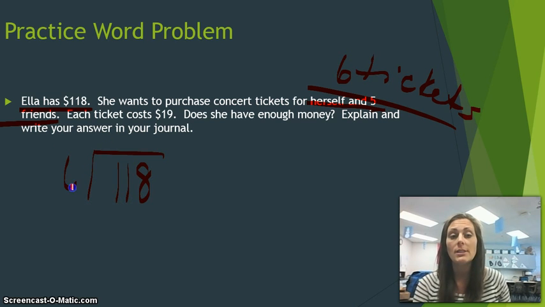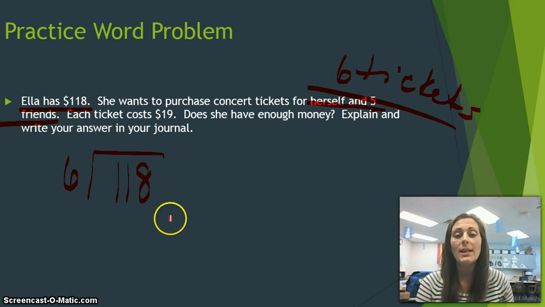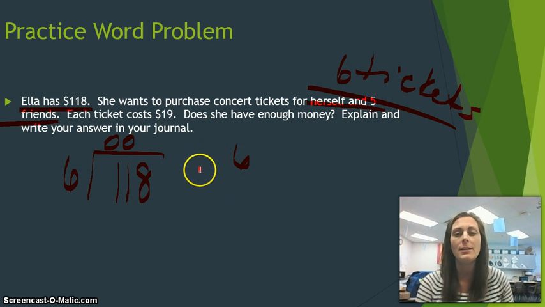She wants to purchase 6 tickets. So if we take 118 and divide that by 6, that's going to tell us how much she can have for each ticket. 6 times, no, that wouldn't be right. 19.